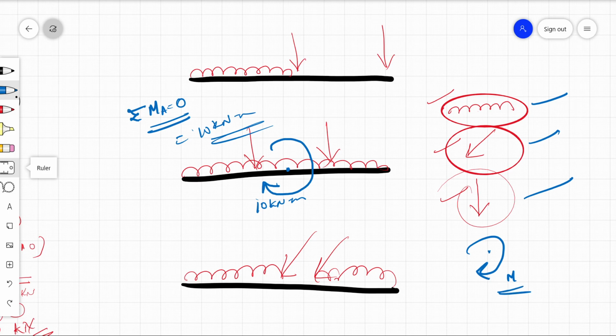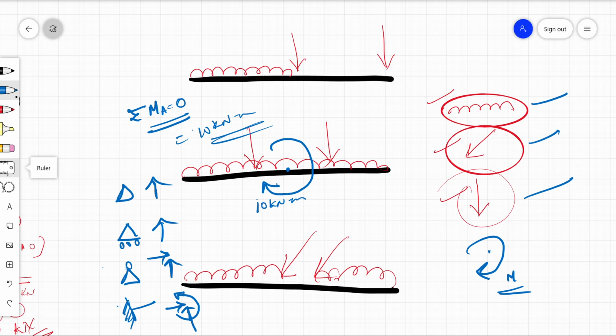So if you studied with these three loads and different end conditions, that is roller, which has only one reaction, hinge, which has two reactions, simply supported, which has only one reaction, and the last concept is the fixed beam, which has horizontal, vertical, as well as one anti-clockwise moment.